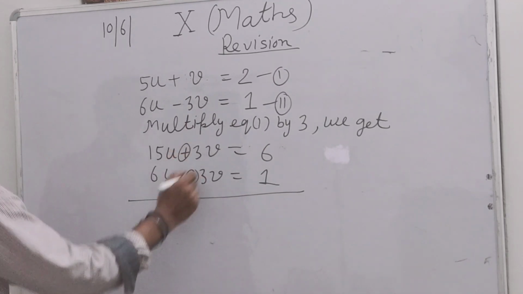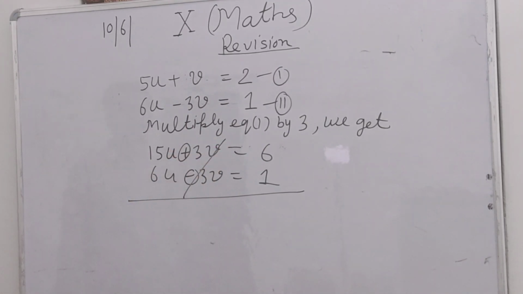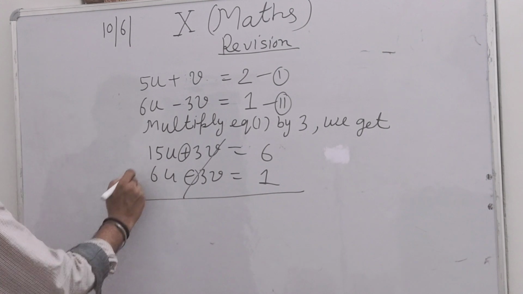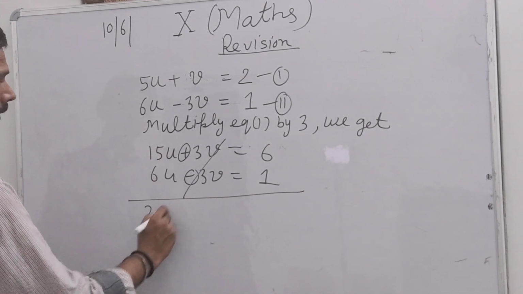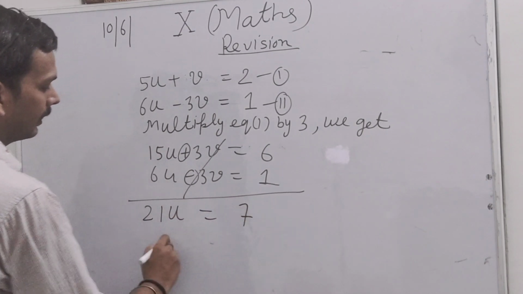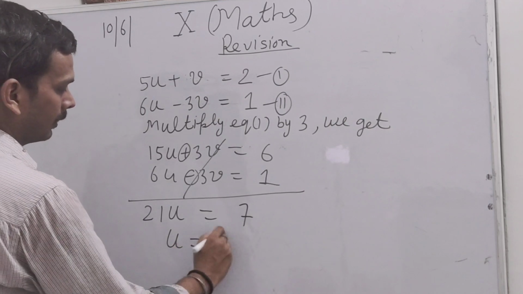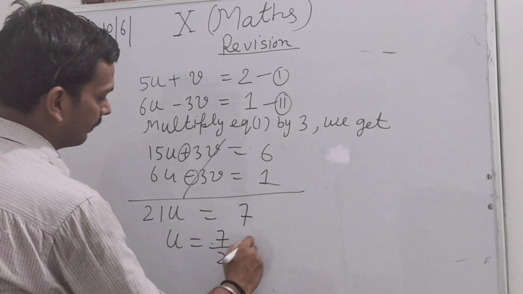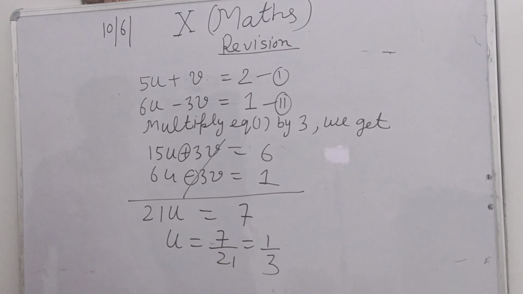Here they are with the opposite sign. Directly cut it, and 15 plus 6 will be 21u is equal to 7. It means u is equal to 7 upon 21, which is 1 upon 3. The value of u is equal to 1 upon 3.